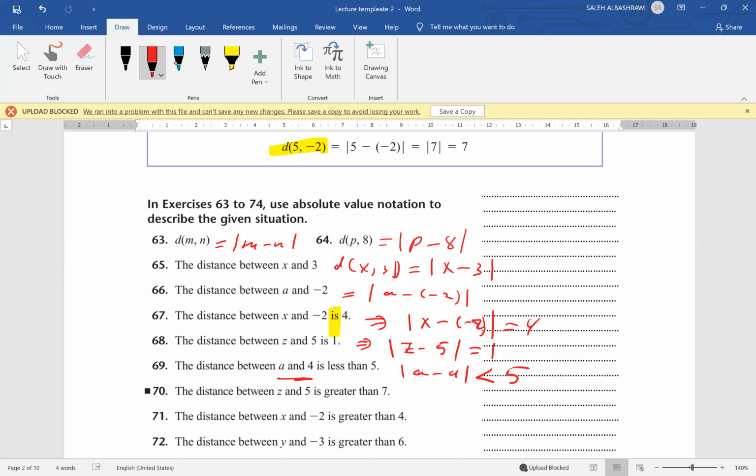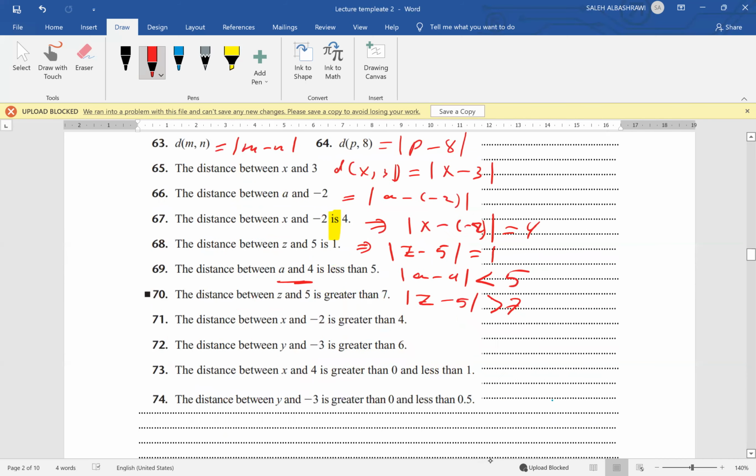So we can write this as the absolute value of Z minus 5 greater than 7. Number 71, the distance between x and minus 2 is greater than 4. We can write it as the absolute value of x minus minus 2 greater than 4.